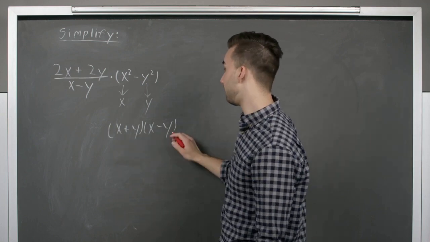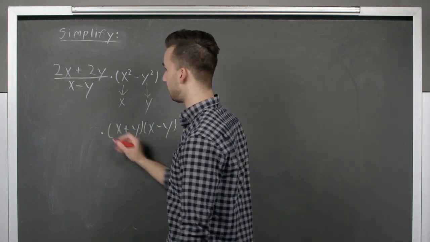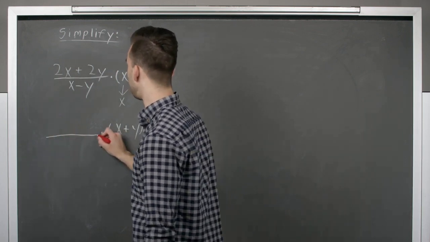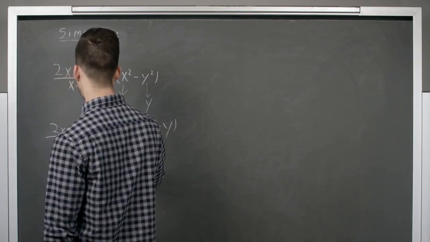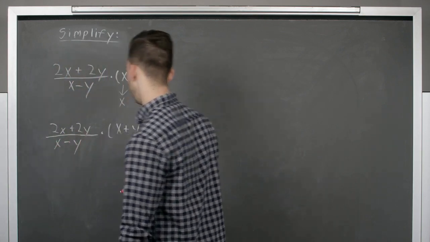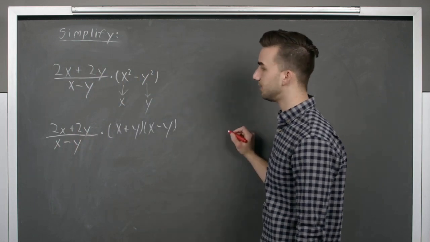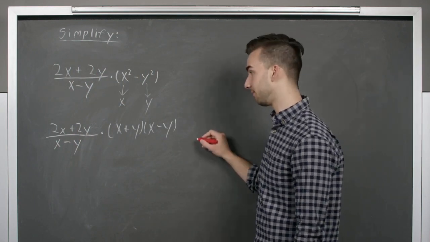Now that we have this factored, we can address the problem as a whole. So let me just rewrite this over here. Okay, so what do you notice? That we have a like term.